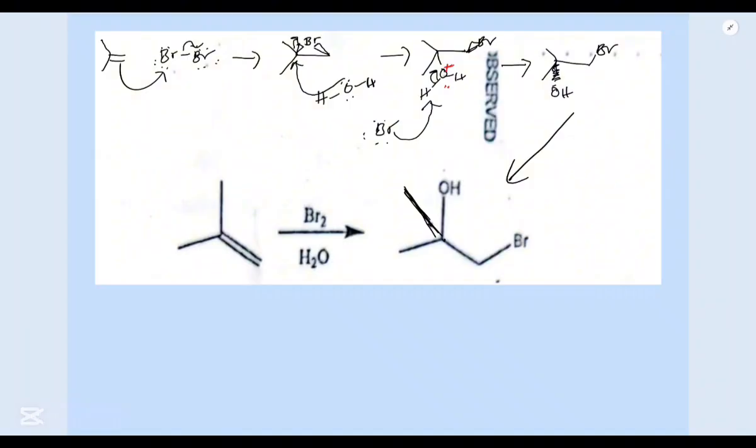The bromide will be added to a position where there are a lot of hydrogens, and the OH will be added to a carbon which has fewer hydrogens. So it follows Markovnikov addition of the OH group into a molecule. That was the second question.